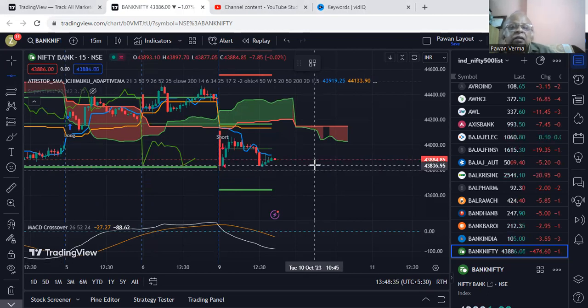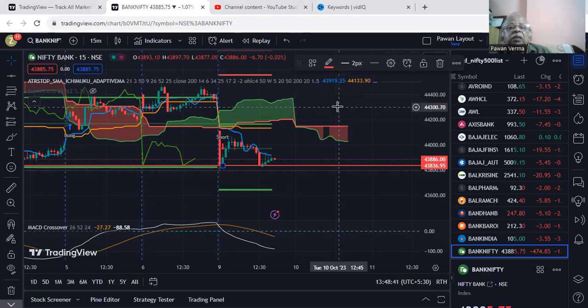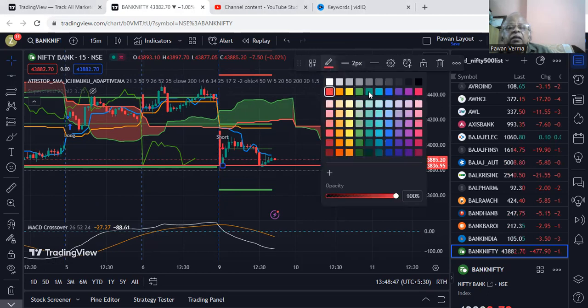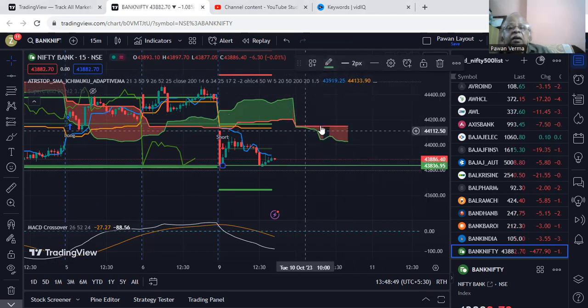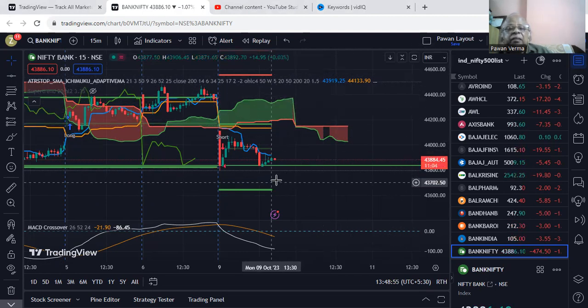This is the level. This is 15 minutes, make it 12 and trigger. Deciding the trigger level, we use the green signal.